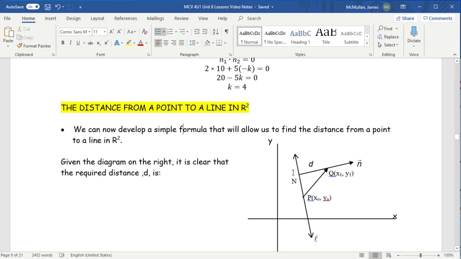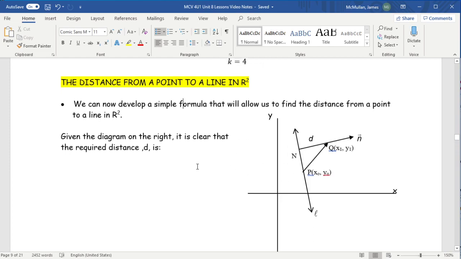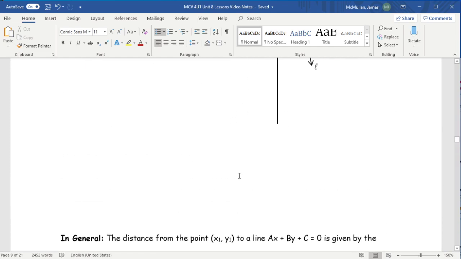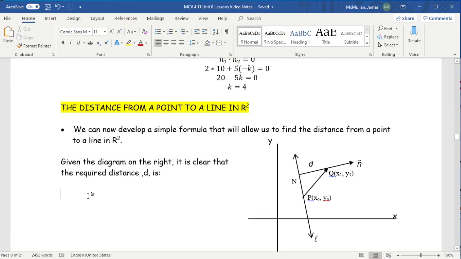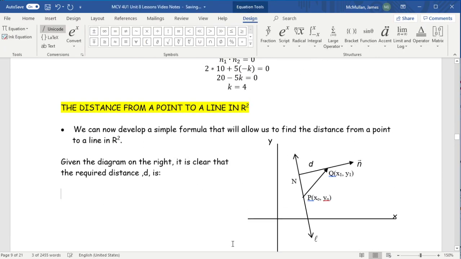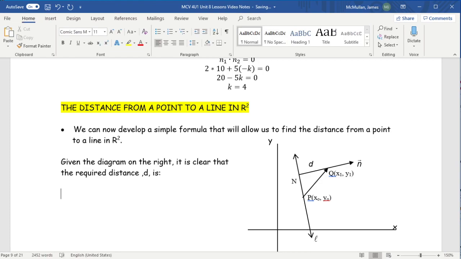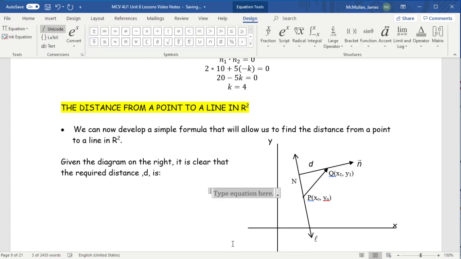It would take you some time. What would be good to get here is to project. We want to project onto n. We want to project PQ.